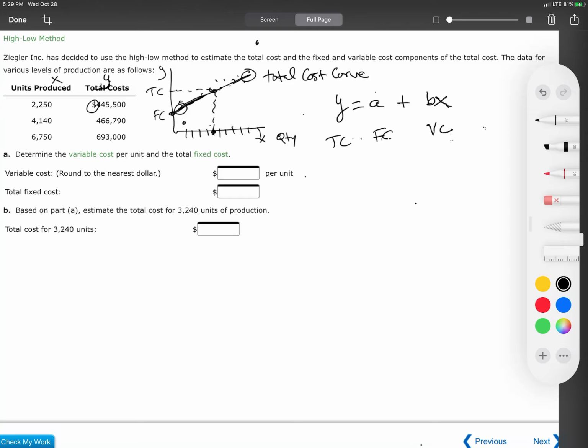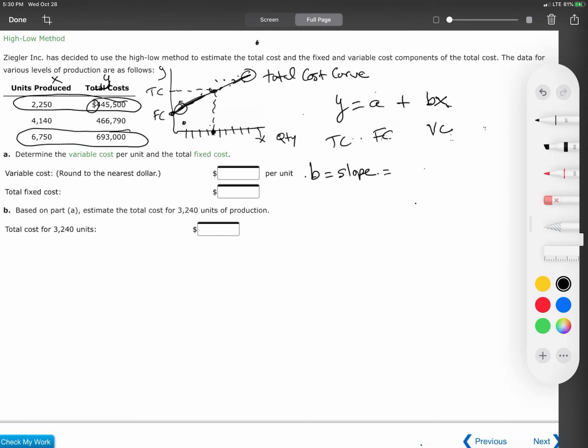The other way of representing the equation is simply this: y equals a plus bx. It's the formula for a straight line. Y is the total cost, a is the fixed cost, and bx is the variable cost. More specifically, B is the variable cost per unit, and X is the quantity of units.